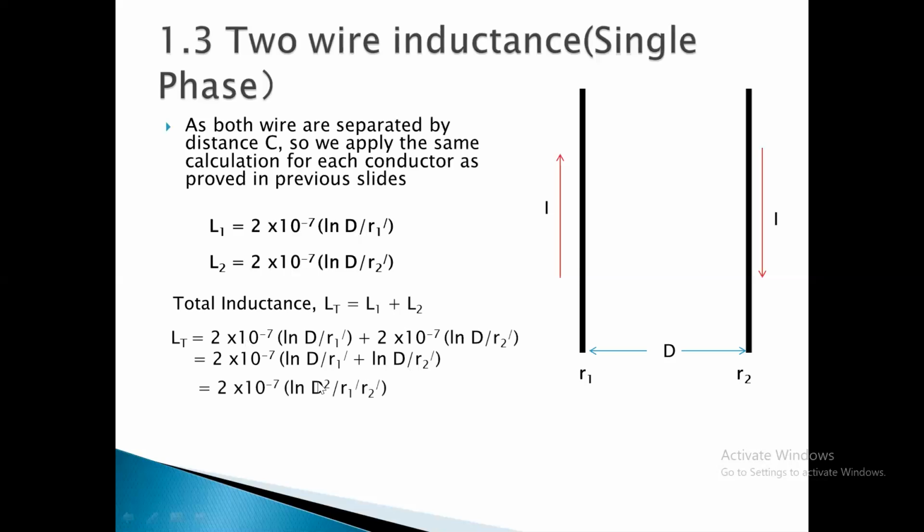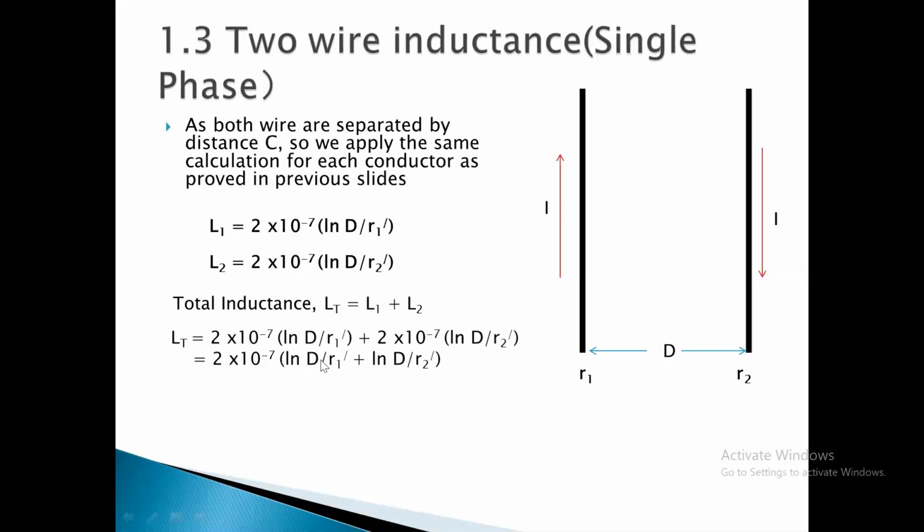So here the same formula I am applying. Natural log of m plus natural log of n is equal to natural log of m multiplied by n. Natural log of a plus natural log of b is equal to natural log of a multiplied by b.